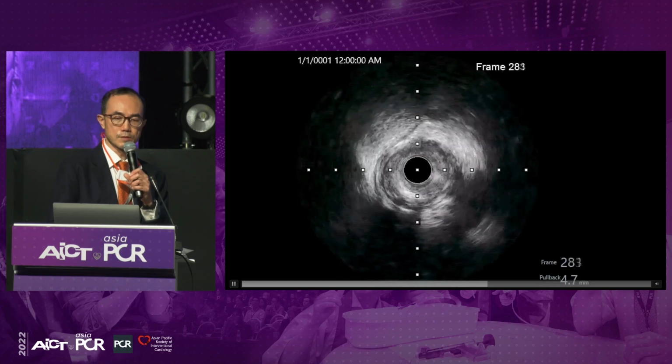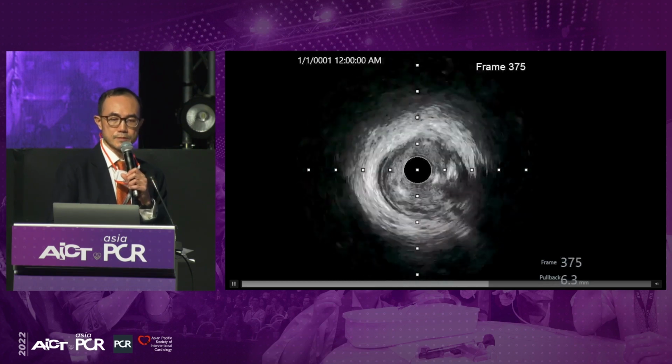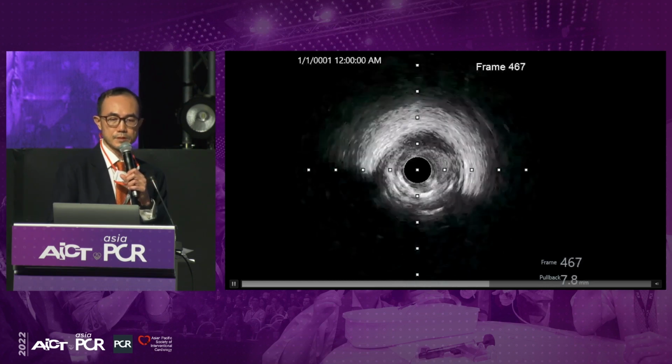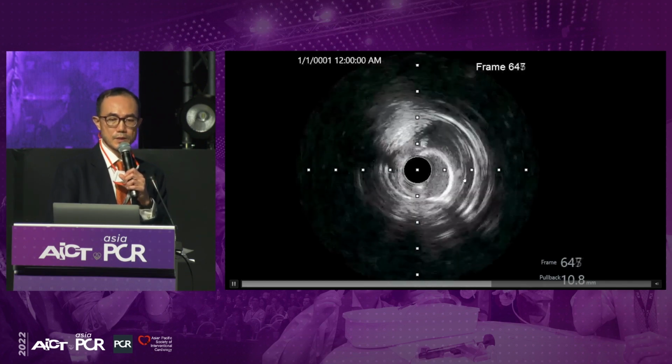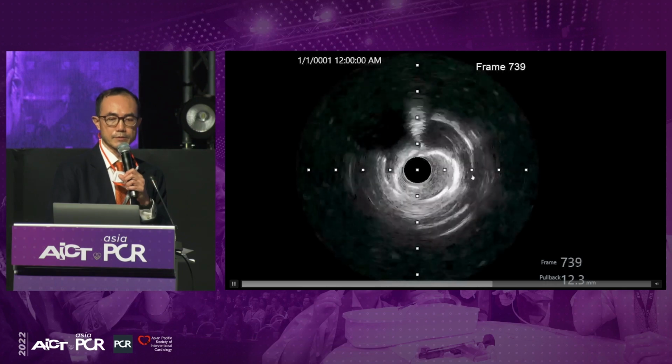So this is the distal part. You can see that you have clear fracture of the calcium plates.